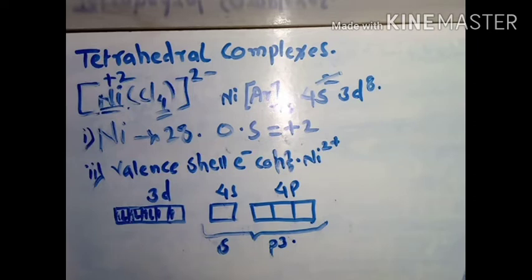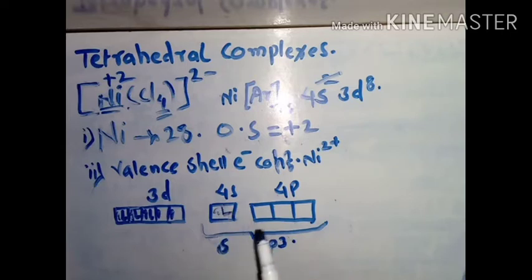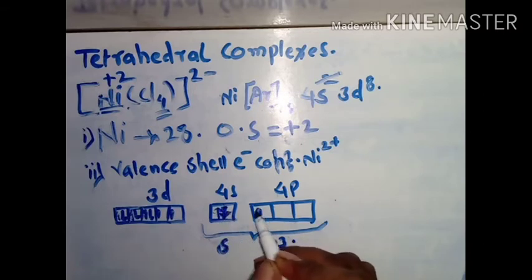Now we can write the electronic configuration after complex formation. Two electrons from each chloride will enter these orbitals, like this.